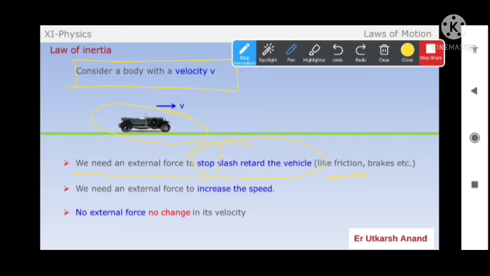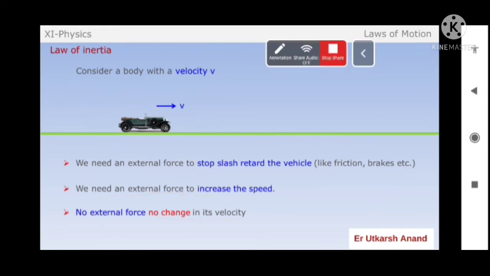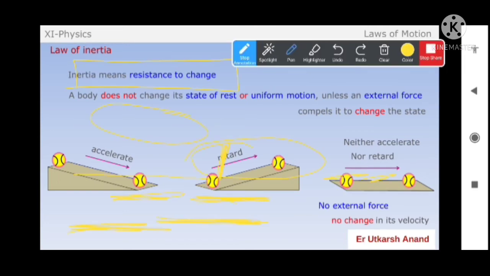Like friction or brake is applied to stop this vehicle or retard the vehicle. Retard means reduce the speed. Similarly, we need an external force to increase the speed. Well, if no external force is there, there is no change in its velocity. That's for obvious reasons.